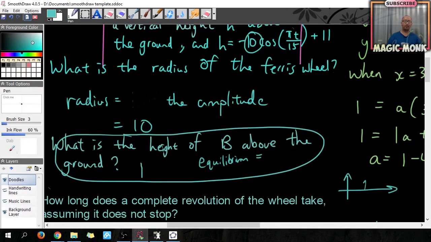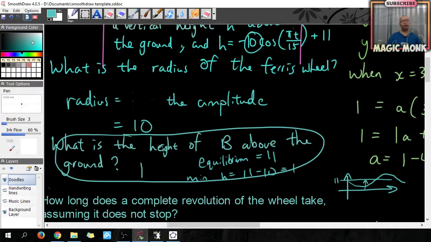So, if we move that up to y equals 11, and the amplitude is 10, that means that the minimum value must be the equilibrium minus the amplitude. So minimum h equals 11 minus 10, which is 1.